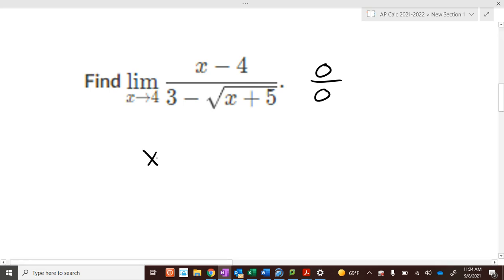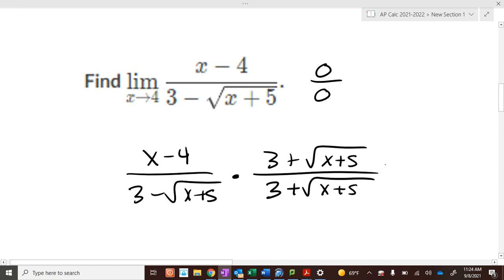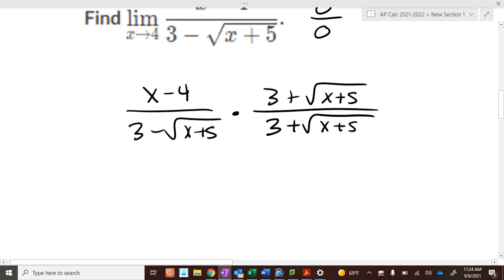Okay? So we have x minus 4, and we have 3 minus the square root of x plus 5. So we're going to multiply both the top and bottom by 3 plus the square root of x plus 5. So in the numerator, you're just going to leave it the way it is. X minus 4. We're not going to try to FOIL that.